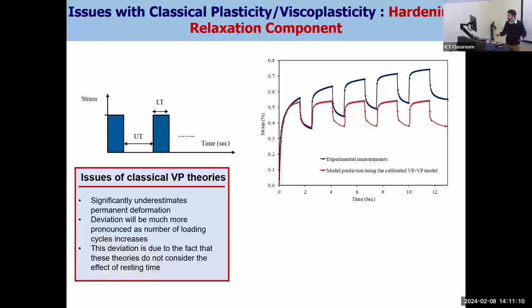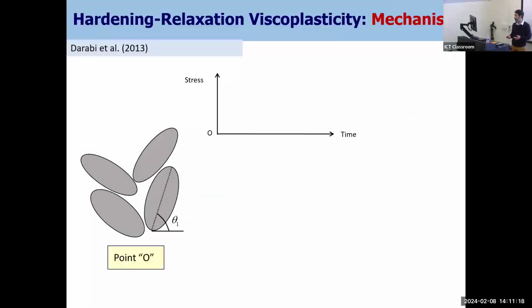And it is due to the fact that these theories do not consider the effect of resting time. What happens when there is no load on the material? So we looked at what is called a hardening relaxation component, and we use it for both asphalt and another version of it for granular materials.